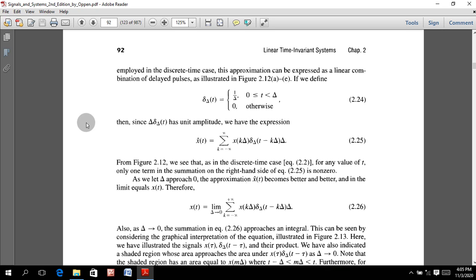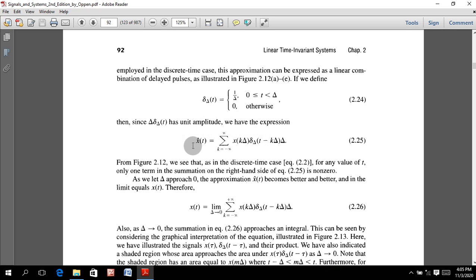Since delta of t has unit amplitude, the continuous time input signal can be written as the summation over k from minus infinity to plus infinity of x of k delta times delta of t minus k delta, times delta.